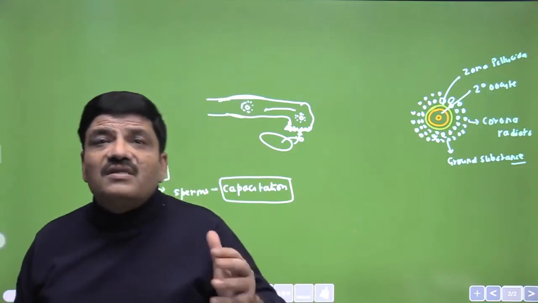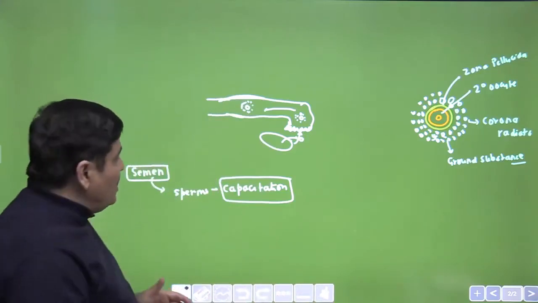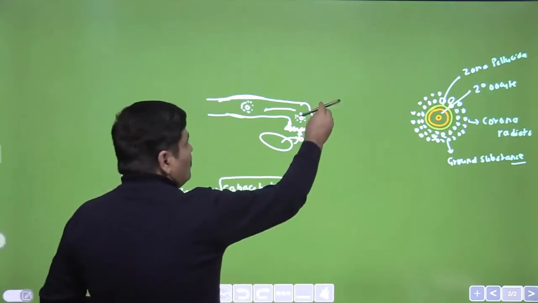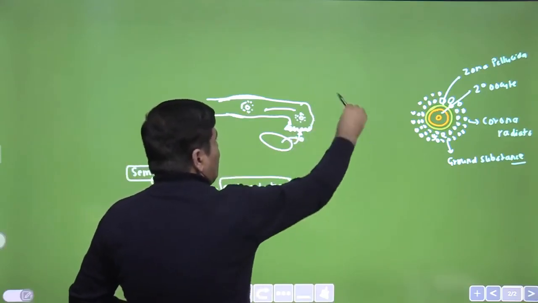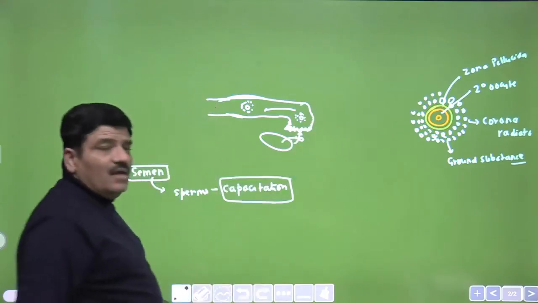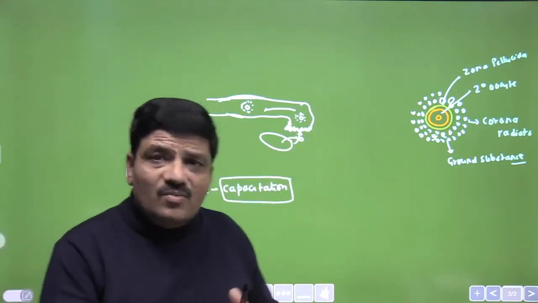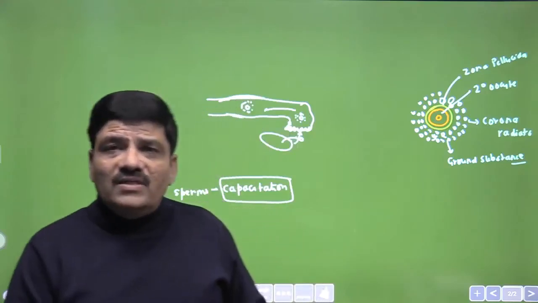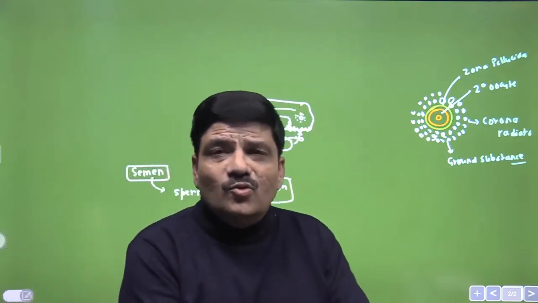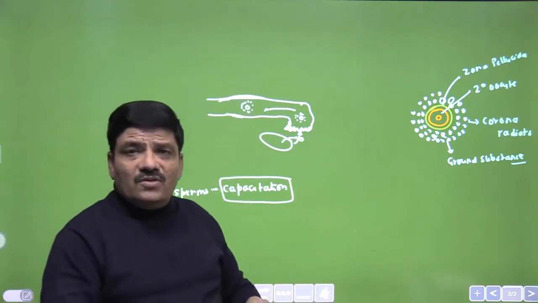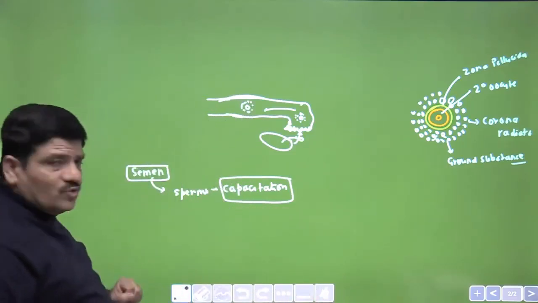So they become vigorously motile, and the sperms do not undergo circuitous movement, they actually move something like this. This is the type of movement seen in the sperms. Now they will start moving with the help of their own flagellum. Remember, the seminal plasma also contained the source of energy, which was fructose. I hope this is absolutely clear.